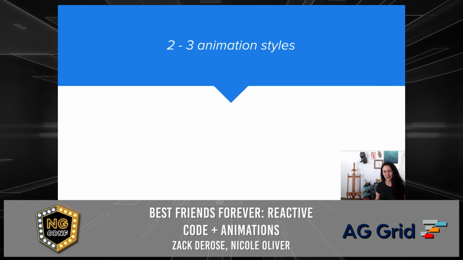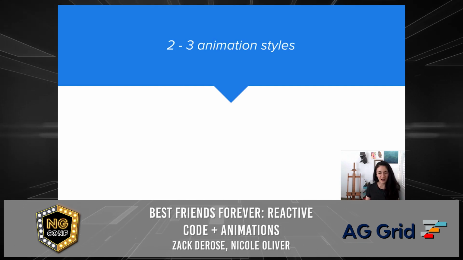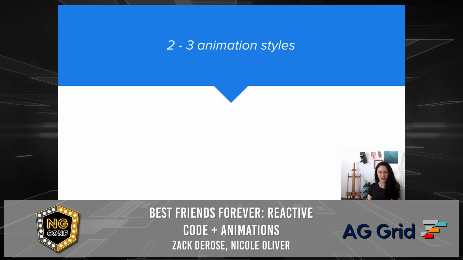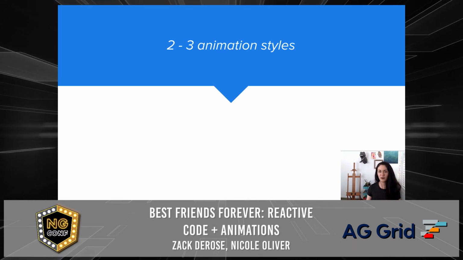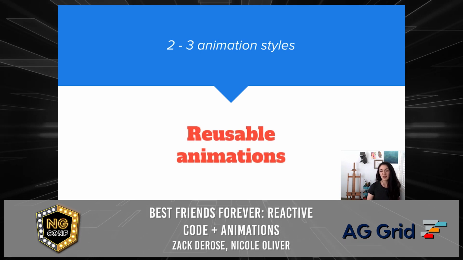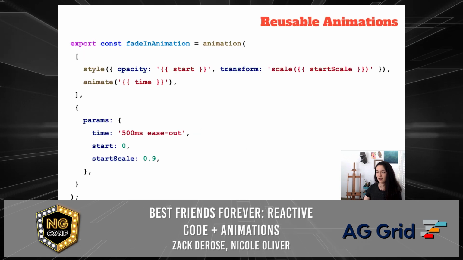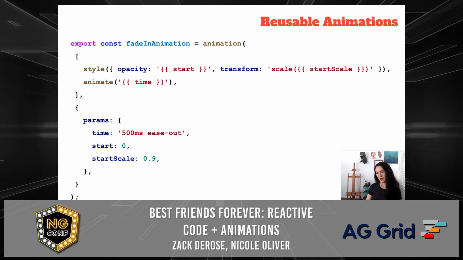My recommendation usually for an application is to use 2 to 3 animation styles. This helps you keep your animations really cohesive and allows them to complement each other, and it just makes things feel better. And so for that purpose, I recommend using reusable animations. So let's quickly take a look at how you would define the animation that we just saw in a reusable animation.